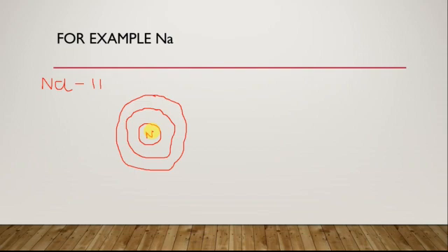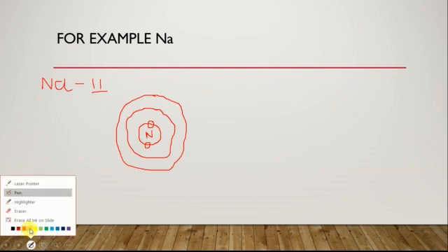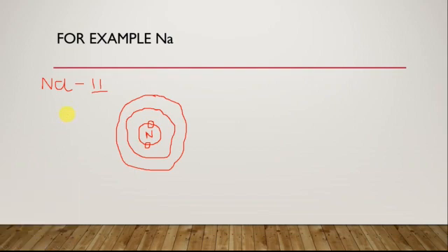Students, the maximum capacity of the first shell is 2 electrons. We have a total of 11 electrons for sodium. Out of these 11 electrons, 2 will be present in my first shell. Brilliant. Now, how many electrons are remaining?